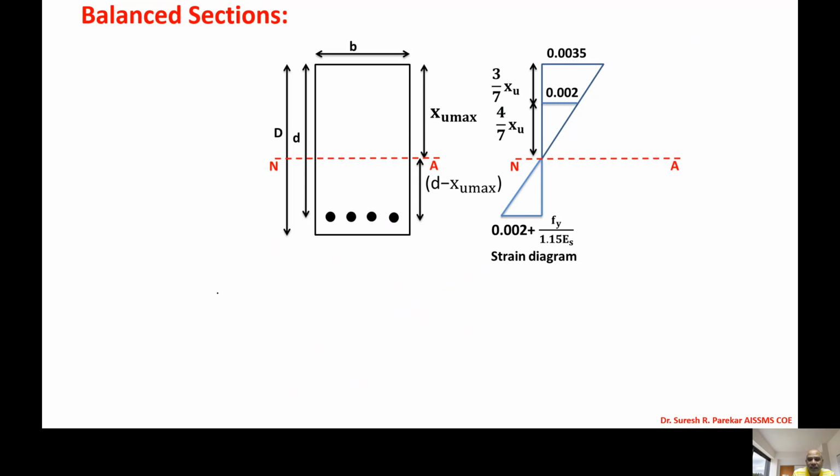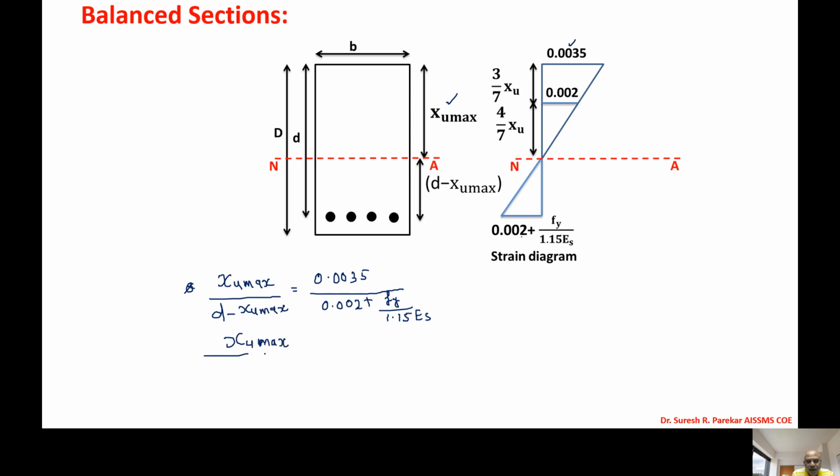By using similar triangles we have Xu max divided by d minus Xu max, and that is equal to 0.0035 divided by 0.002 plus fy upon 1.15 into Es.